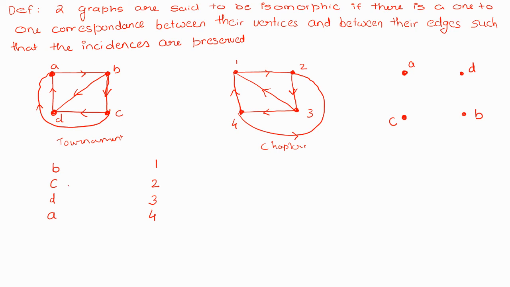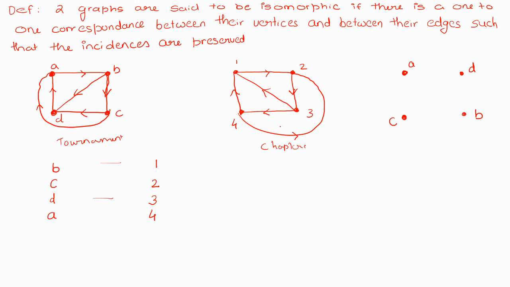These both are similar. Again, which edges are remaining? This B to D. Now, what is our B? B is our 1. And what is our D? 3. Let's check. Here we have the edge from B to D. Let's check whether there exists an edge from 1 to 3 in this. Is it from 1 to 3?